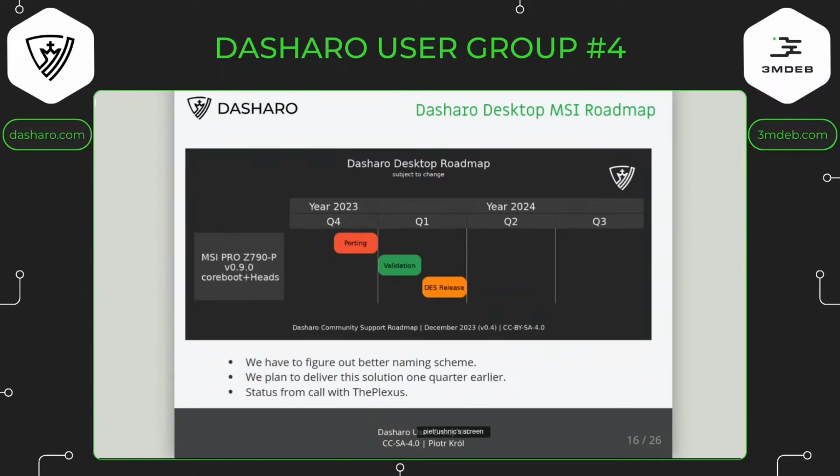Okay, in terms of Z790 and Coreboot plus Heads, which we're planning, I would like to squeeze that and deliver it faster. This is probably the only roadmap item that I shifted left. The initial plan was for the end of Q2, but we had a call with Plexus, and Plexus did an initial port of Heads for that platform.